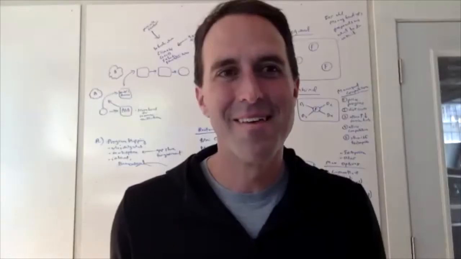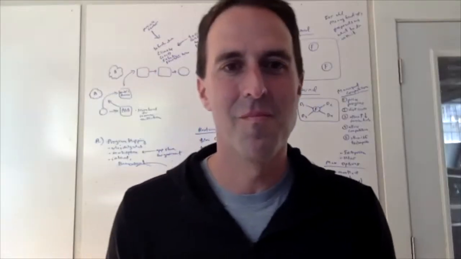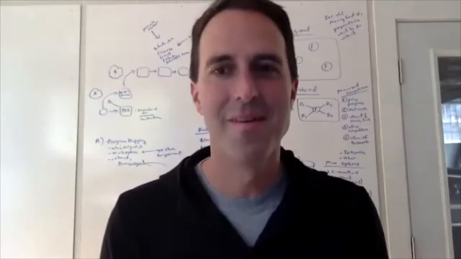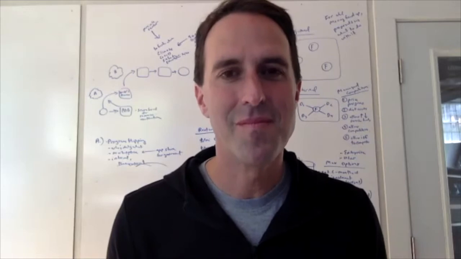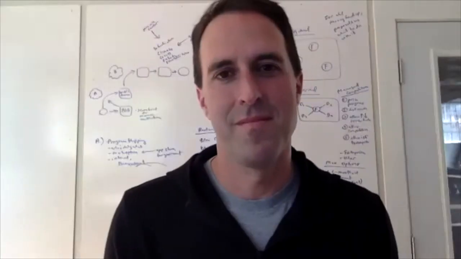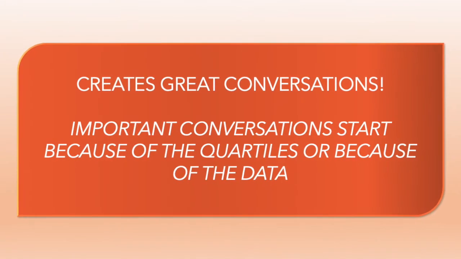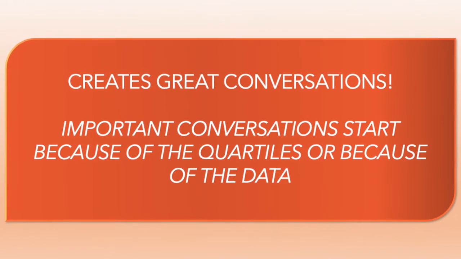But then it questions, well, maybe we need to look a little closer at our results and how we've defined our results as elected officials, because maybe they aren't producing, or maybe we haven't been clear enough as to what infrastructure really is as a result. And should there be a stronger emphasis on reinvesting in existing infrastructure? So great conversations. And I think that's probably the other important piece that we want to talk about, is just the conversations that start because of the quartiles or because of the data, with either capital or with programs.